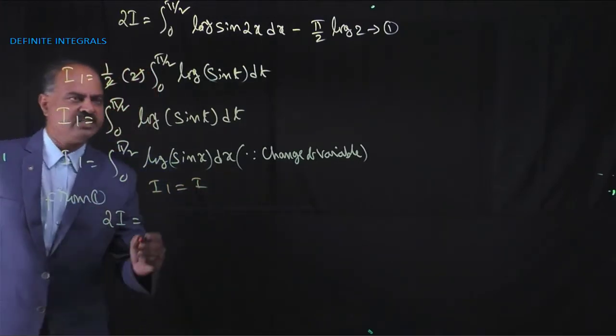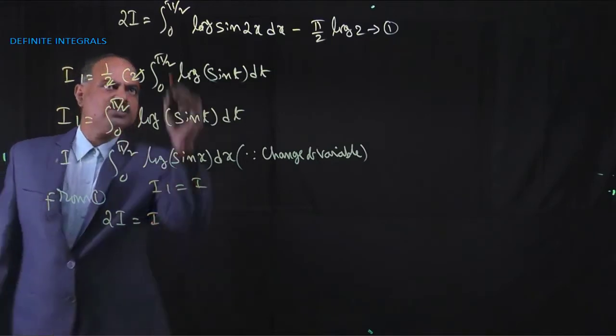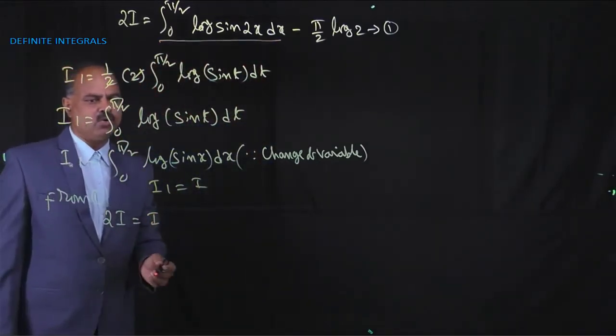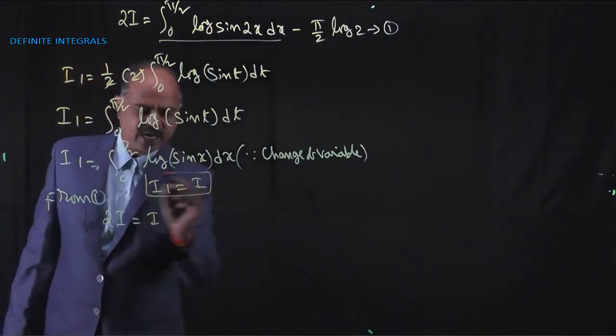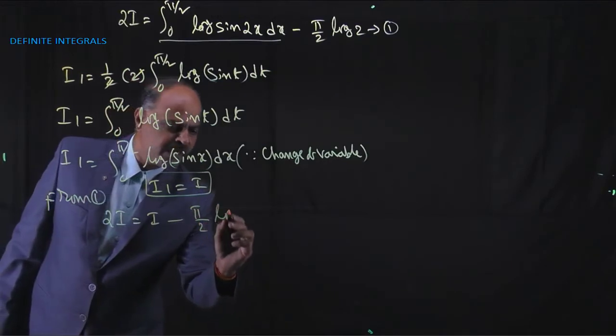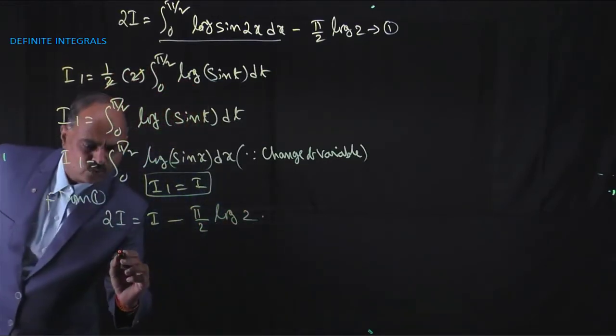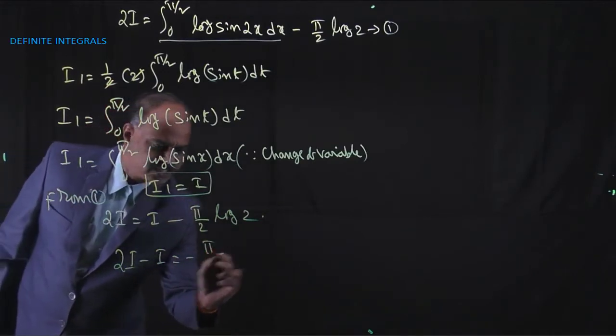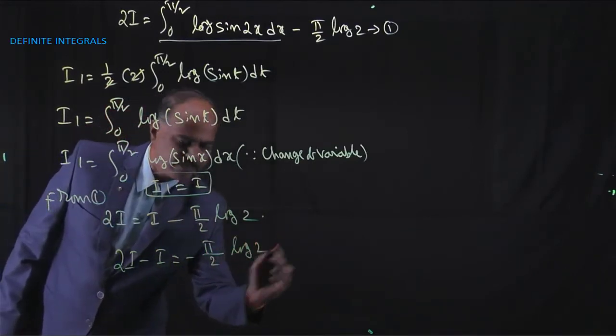So from equation number 1, 2I is equal to integral 0 to pi by 2 log sin 2x dx equal to I1, but I1 is equal to I. So 2I equal to I minus pi by 2 log 2. So 2I minus I equal to minus pi by 2 log 2.